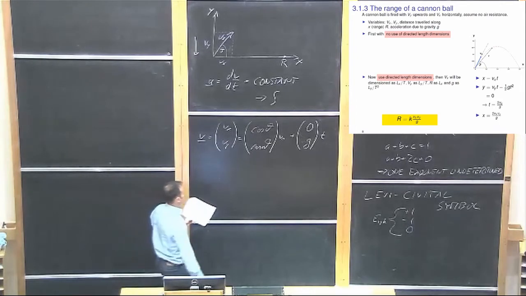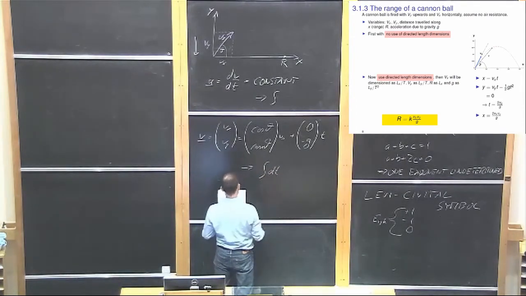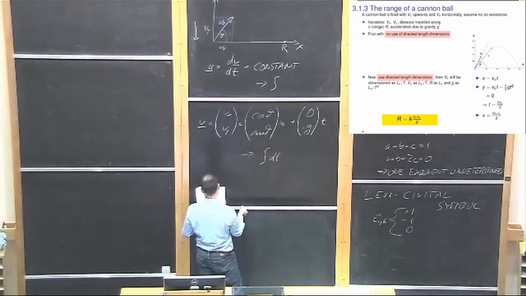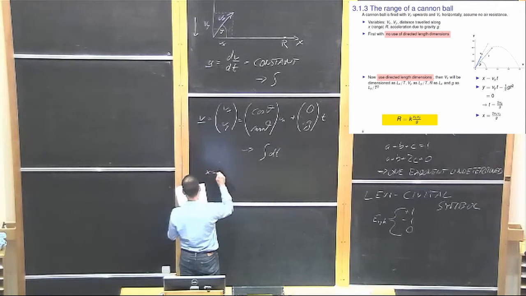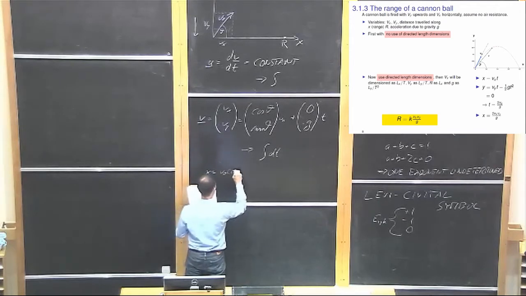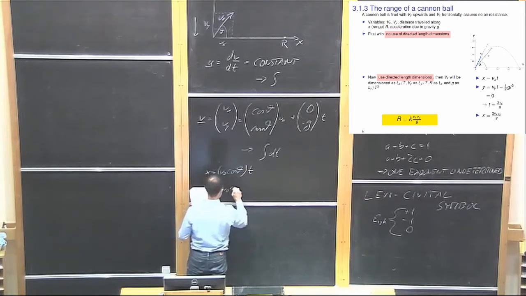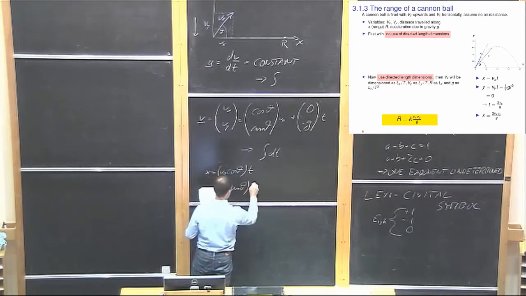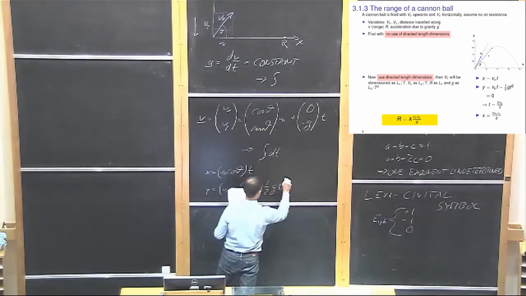If we integrate that with respect to time, we end up at x equals v naught cos theta t, y equals v naught sine theta t minus 1/2 g t squared.